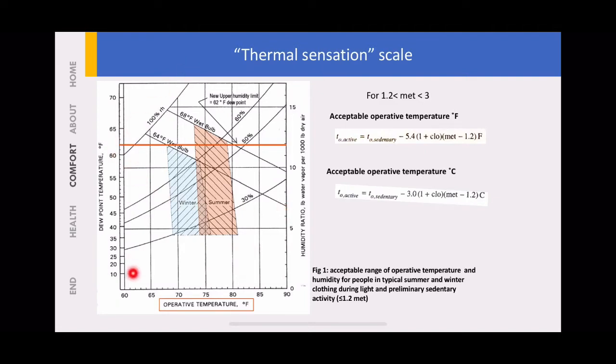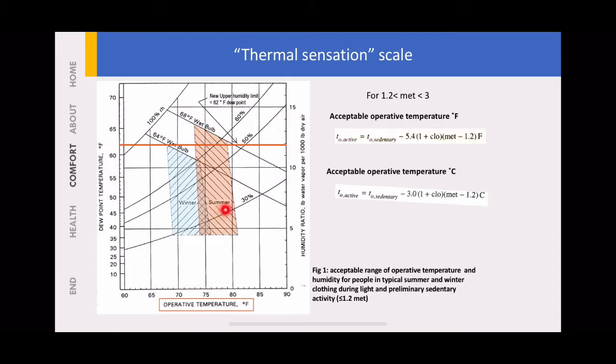This is a part of the psychrometric chart where in English units it's 75 degrees Fahrenheit. I think more or less it's 24 to 26 degrees Celsius. Between these will be the best or perfect states in your air conditioning system.